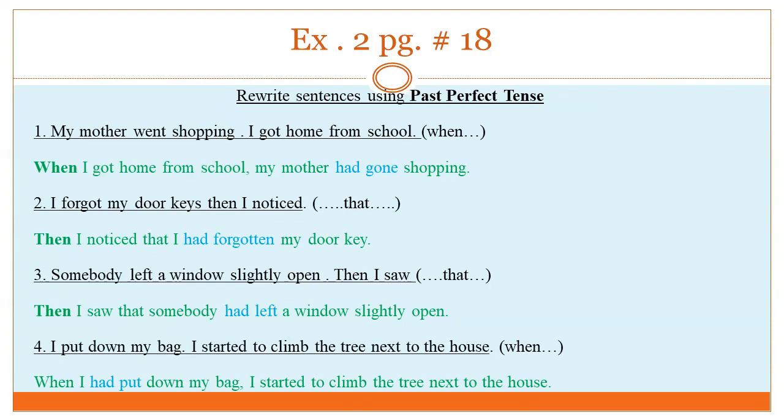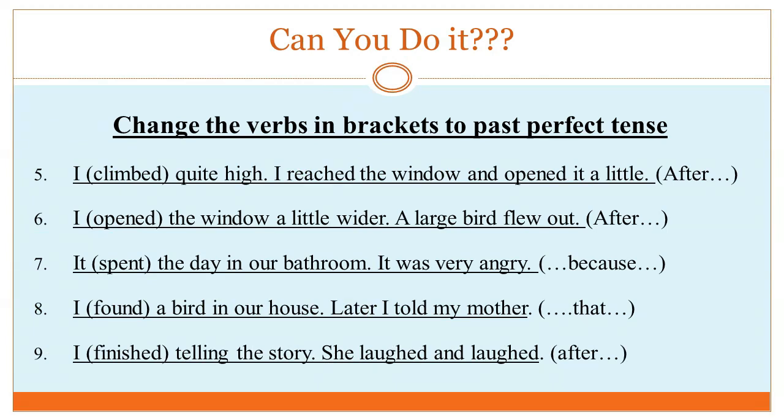So can you do it? Sentence number 5 to 9 are for you to solve. These are left unsolved. You are given sentences here. Change the verbs in brackets to past perfect tense. Sentence number 5. I climbed quite high. I reached the window and opened it a little.